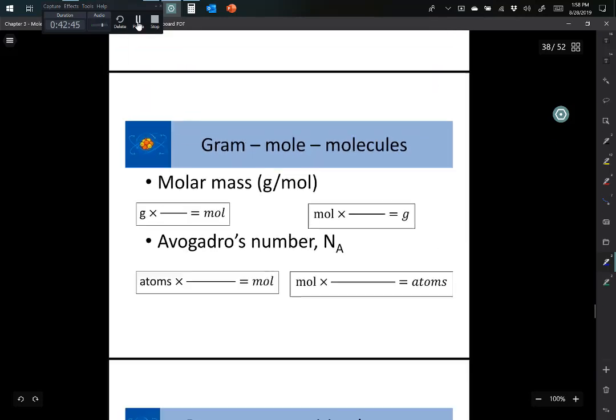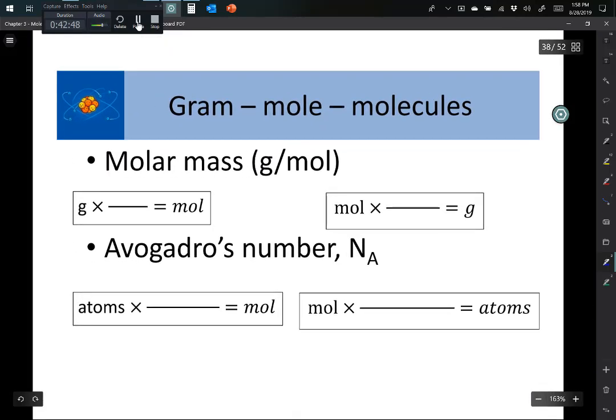Also, as part of the molar mass calculations and atoms and molecules calculations, you can use the molar mass to go from grams to moles or moles to grams, either direction. It just depends on what you put on the top and what you put on the bottom. So for example, if I had water and I want to know its molar mass, it's 2 times the hydrogens plus 1 times the oxygen.